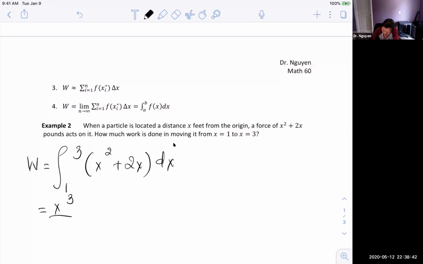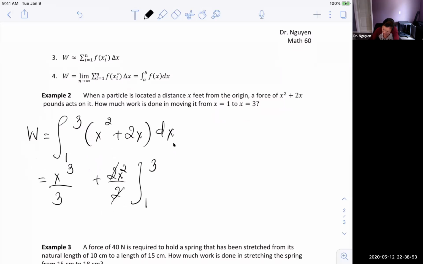Then we take the antiderivative, from 1 to 3. Then we just plug it in, right? Three cubed over 3 plus 3 squared, minus 1/3 plus 1.